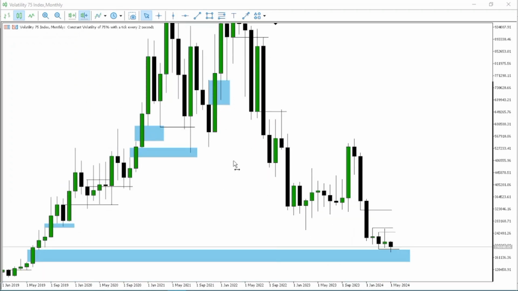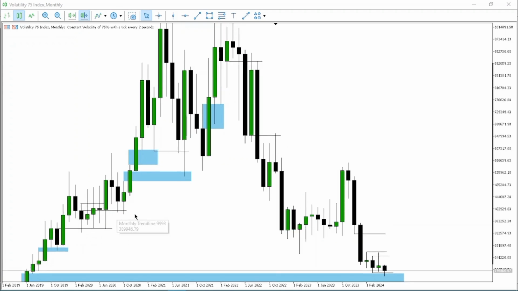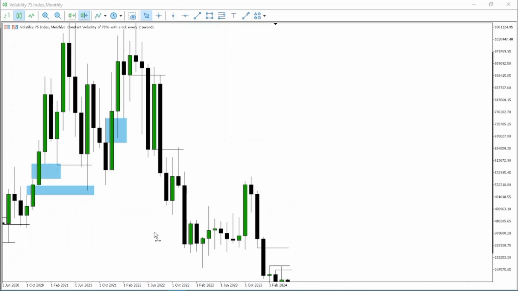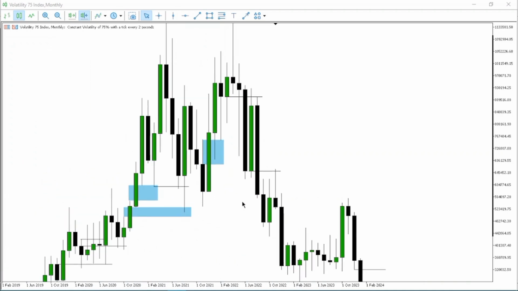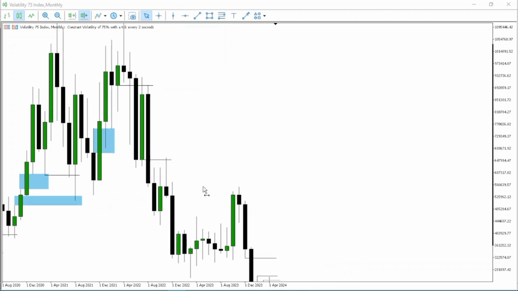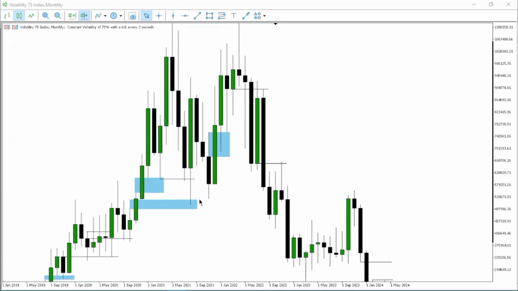And you notice that we have applied all that we learned about each PD array on this structure, right? With regards to the fair value gap, the relevant levels in the fair value gap, the order block, the relevant levels in an order block inside the propulsion block, right? And at some point we even dealt with liquidity as well.